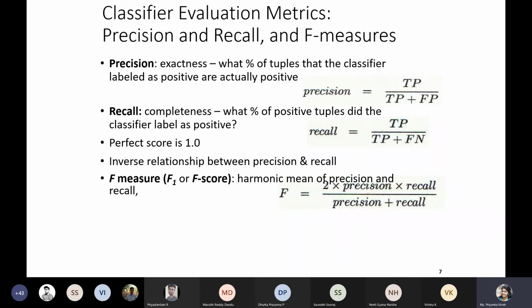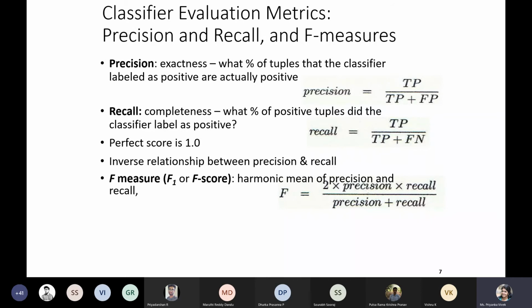It means the model predicted negative, but they were actually positive. So the denominator is the actual positive cases, not the predicted ones. Actual positive cases are the denominator in recall, and the numerator is what our model predicted correctly as positive. So those are the two things.